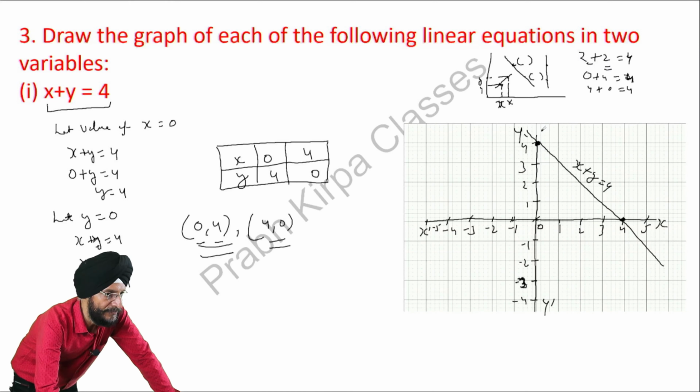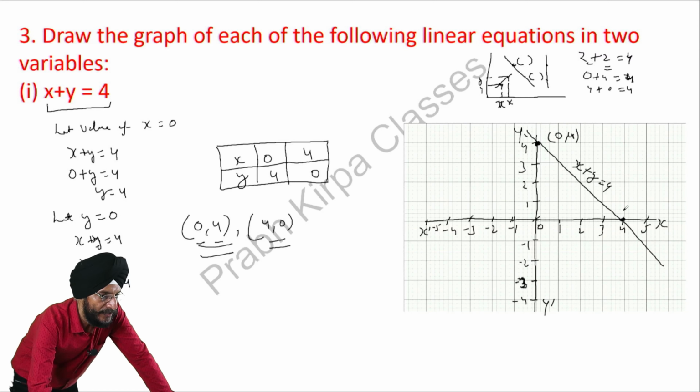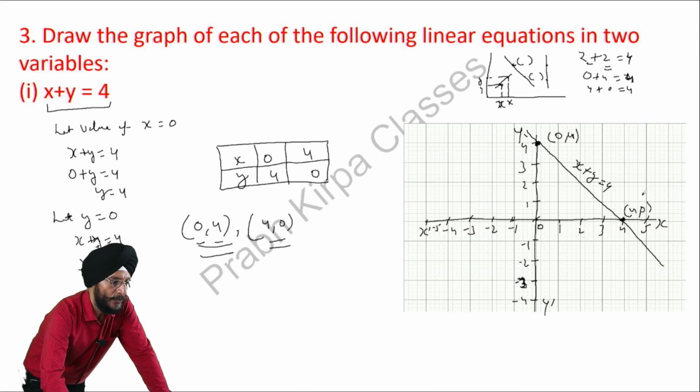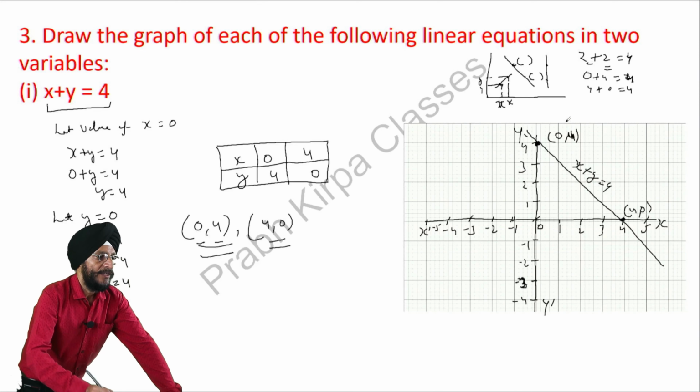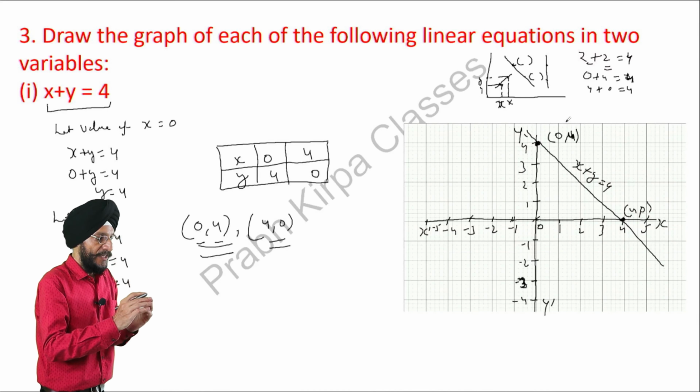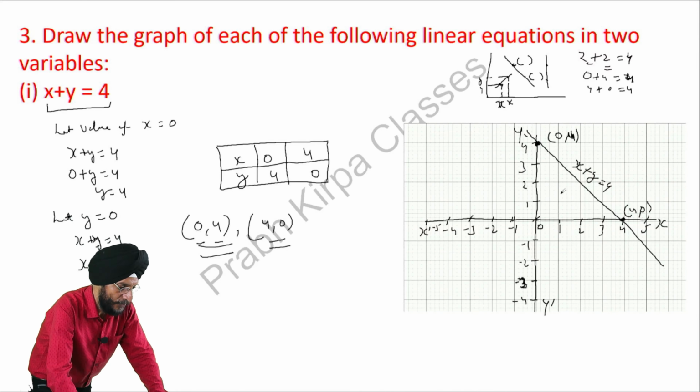Here we will write the values of x and y. It is 0, 4. The points which have been plotted are: the value of x is 4, the value of y is 0. So here we have formed the graphical representation of the linear equation in two variables, that is x plus y is equal to 4.